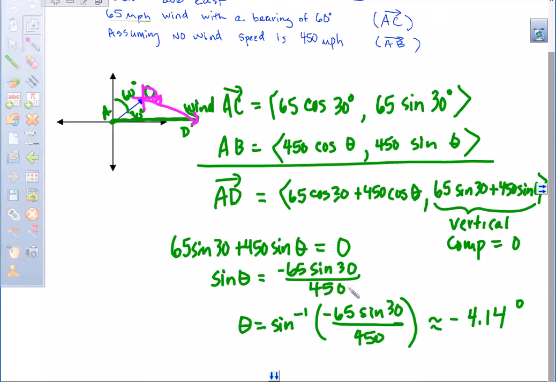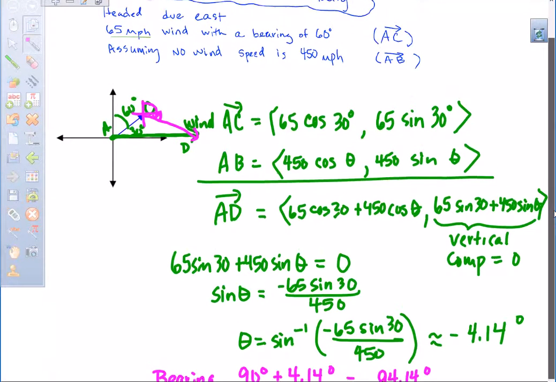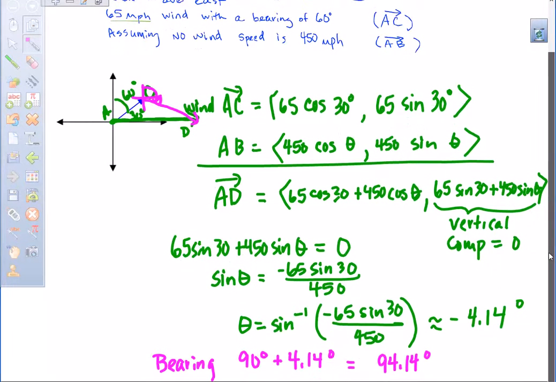So to get our bearing here, I would take the 90 degrees and I'd actually have to add 4.14 to get that bearing. So that gives us a bearing of 94.14 degrees. All right, so we found that bearing.